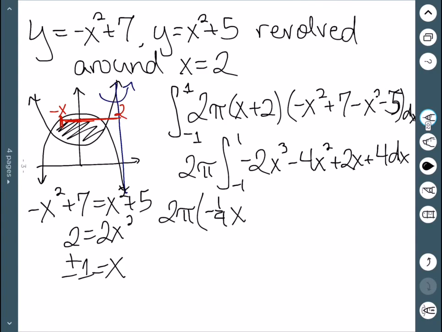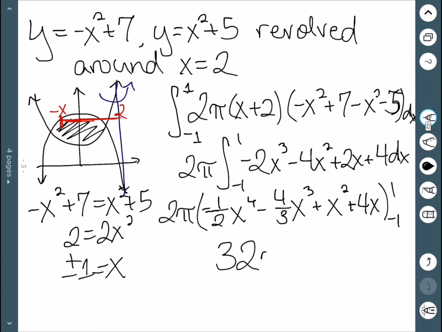Integrating then gives me negative 1/4 x to the 4th minus 4 over 3 x cubed plus x squared plus 4x between negative 1 and 1. Excuse me, that's a minus 1/2. Since we had a 2 there, dividing by 4 gives us 1/2. And once we evaluate at 1 and negative 1, we're going to end up with 32 pi over 3.